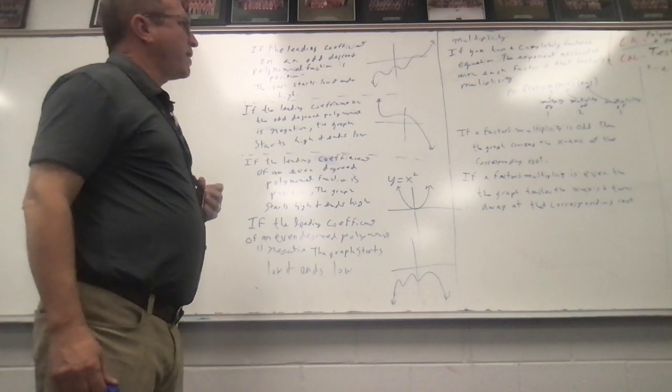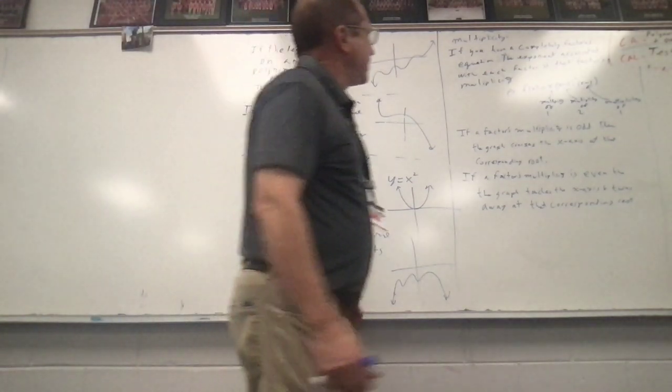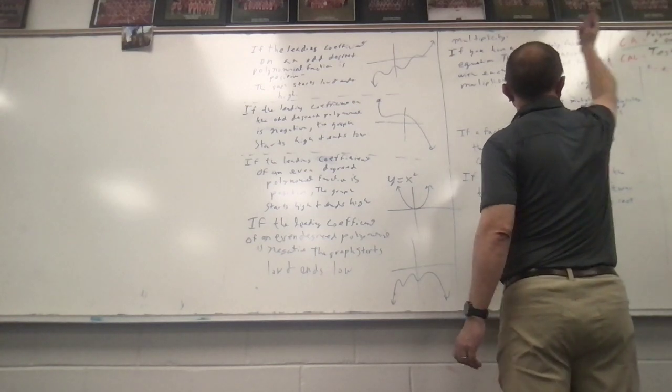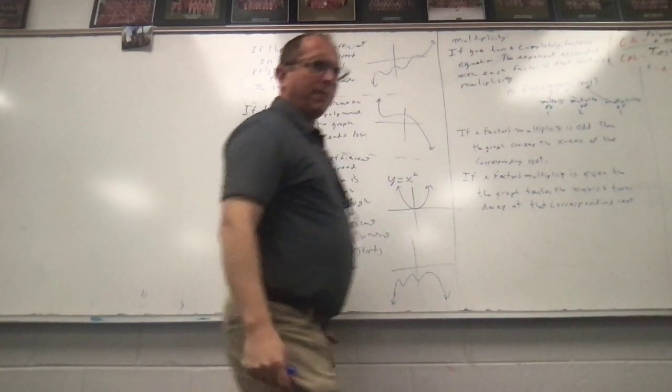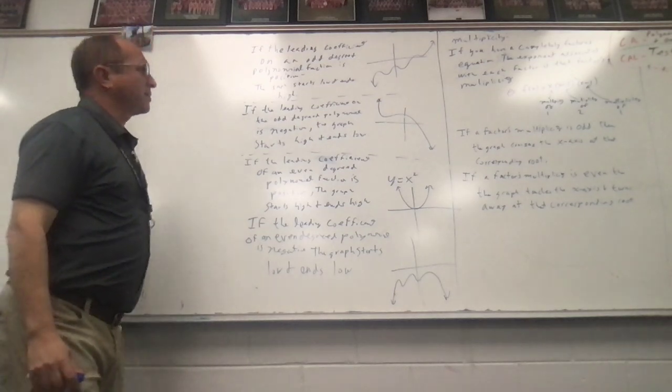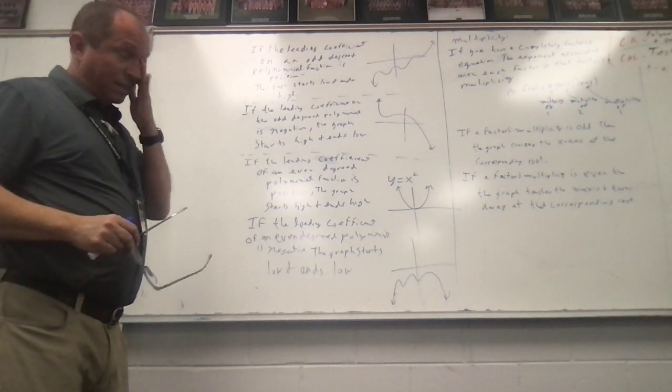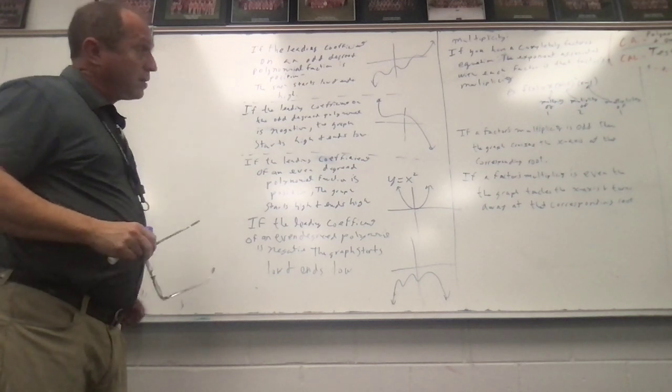So if you have a completely factored equation, and technically this is redundant, because if it's factored, it's completely factored, but I still like to put completely factored in there just to get the understanding that it's important that we factor it out.